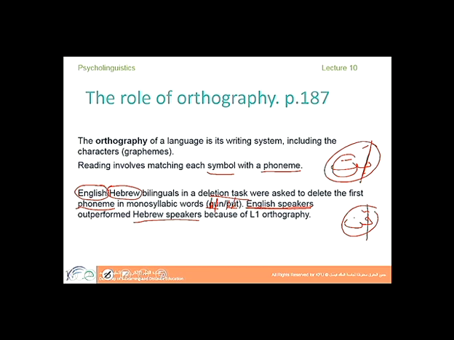It makes a difference to our perception of sounds and phonemes. Right? So the English speakers, because this is how the orthography works, outperformed the Hebrew speakers because of L1 orthography, because of this difference in writing in English and Arabic and Hebrew.